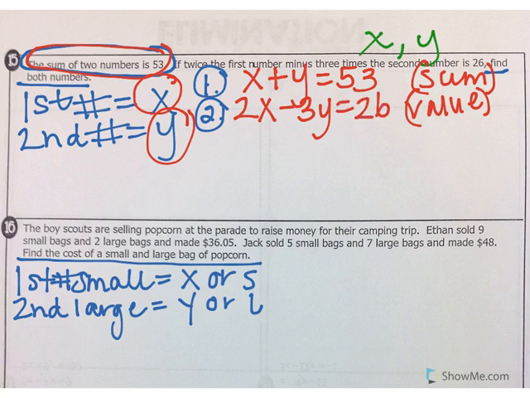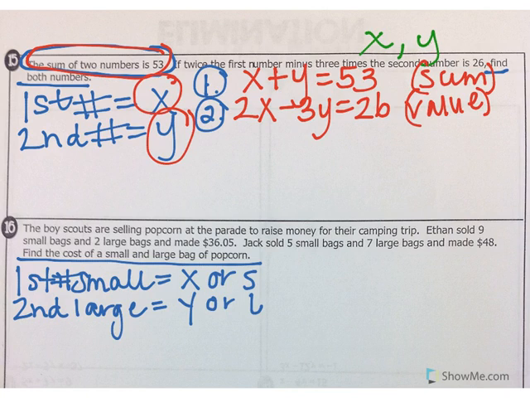So now I have two equations, okay? The first equation is about the sum of what the first plus the second number equal, and the next equation is about the value of each.